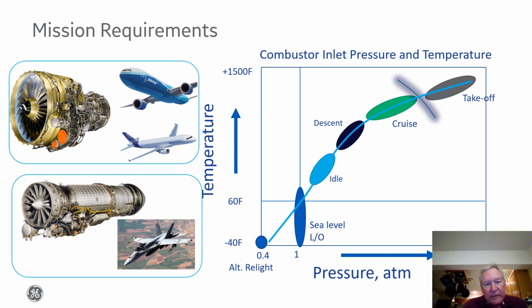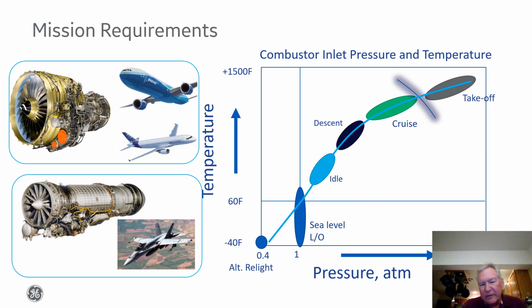On the left-hand side of the slide, I'm showing a couple different turbine engine applications. The upper panel shows a high bypass ratio turbofan, which would be typically used in a passenger aircraft or freighter. On the lower panel is a lower bypass ratio turbine engine, and that style is more found in military applications.